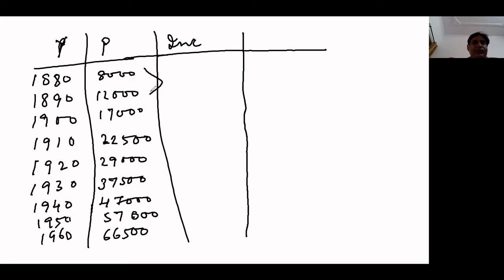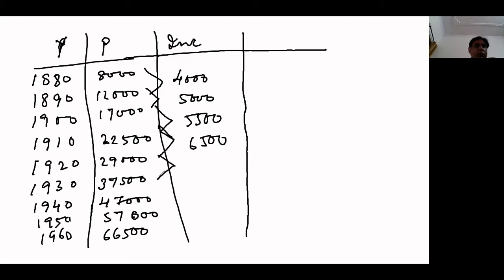Increase would be 4,000, 5,000. What would this be? 5,500. Now this would be 6,500. This would be 8,500.